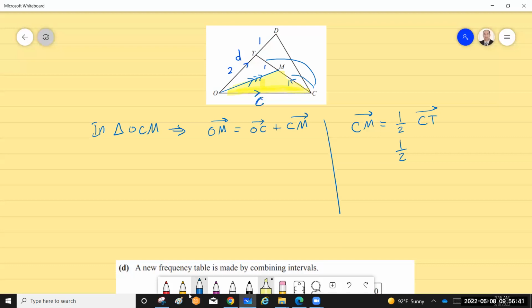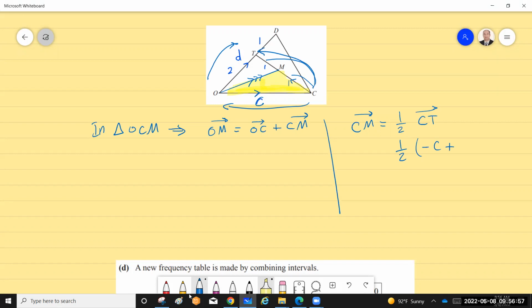And the CT, when you move from C to point T, is the same as CO plus OT. Half of CO, which is negative C, plus OT.